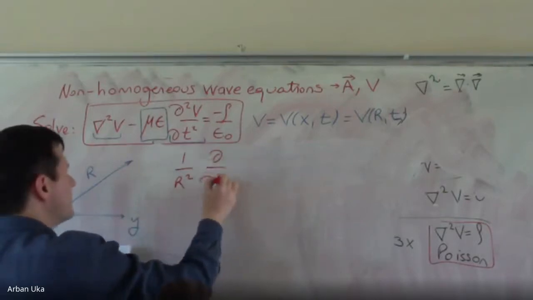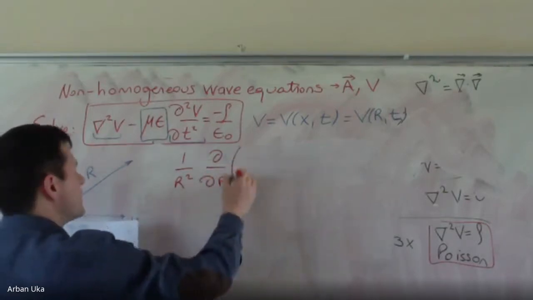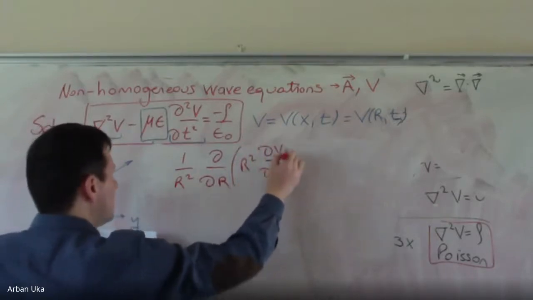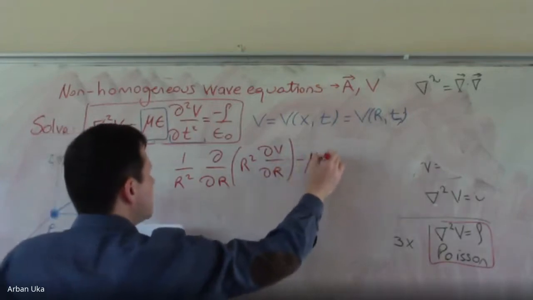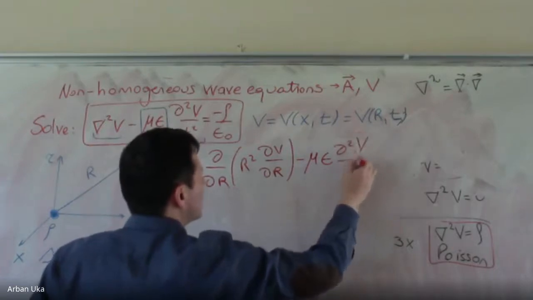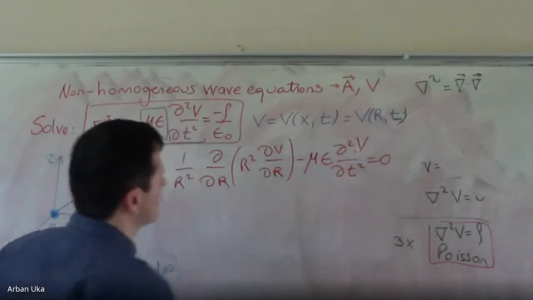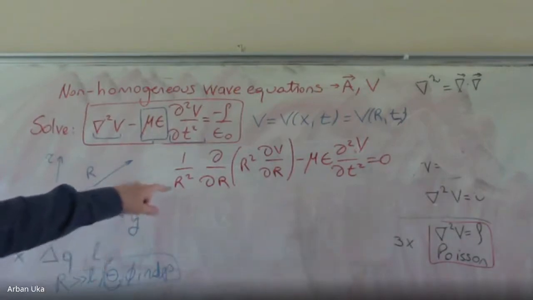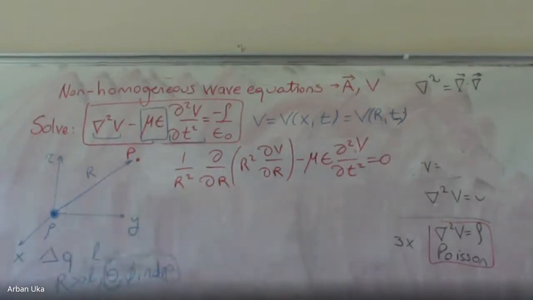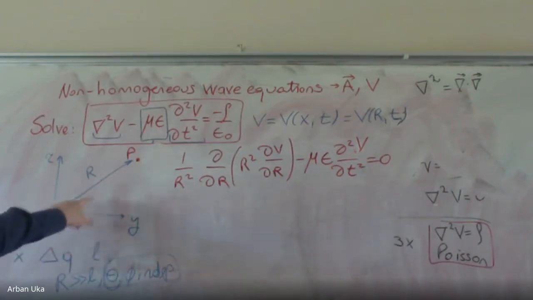So we have the space derivative with respect to r, r squared delta V over delta r, minus mu epsilon, the second derivative of the potential with respect to time, and this is equal to 0. Now, this is equal to 0 because we want to analyze this point P, okay? And at point P, we have no charge density. The only charge density is here, okay? So, since we have no charge density here, this will be the Laplace operator.